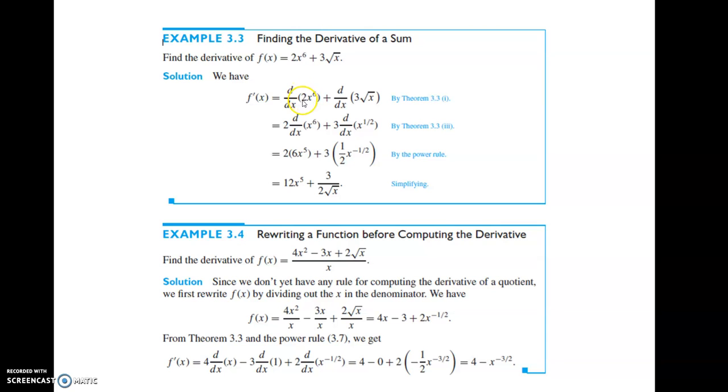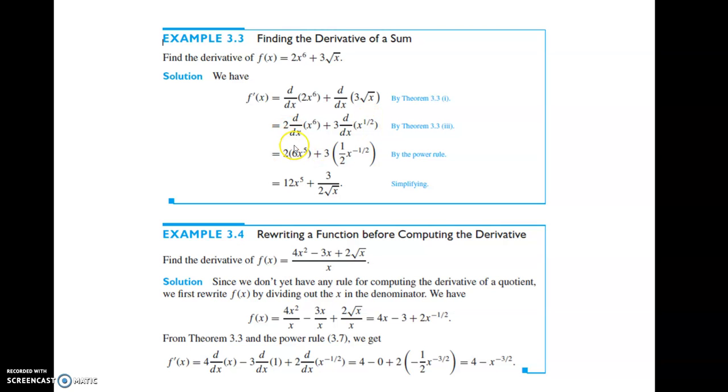But it is a number with x, therefore I take the number out and I find the derivative of only the function. So here also 3 comes out, so 3 times the derivative of this. If it is only the derivative of 3, it is 0, but it is 3 with x, so it is not 0. So 3 out, and I can write the power of x as half.